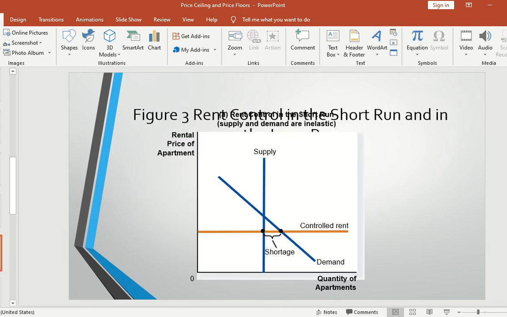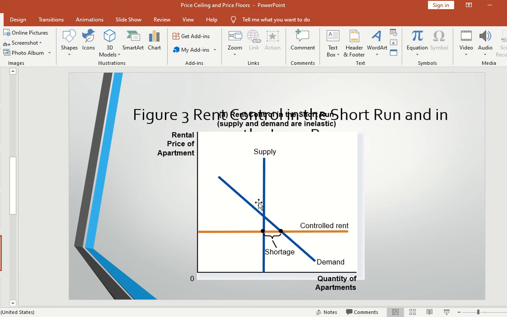So let's look at rent control by using a diagram. This is the market of apartments for rent. We have the price, or rent, of apartments on the vertical axis, and the quantity of apartments on the horizontal axis. This is the demand for apartments to rent, and then the supply.